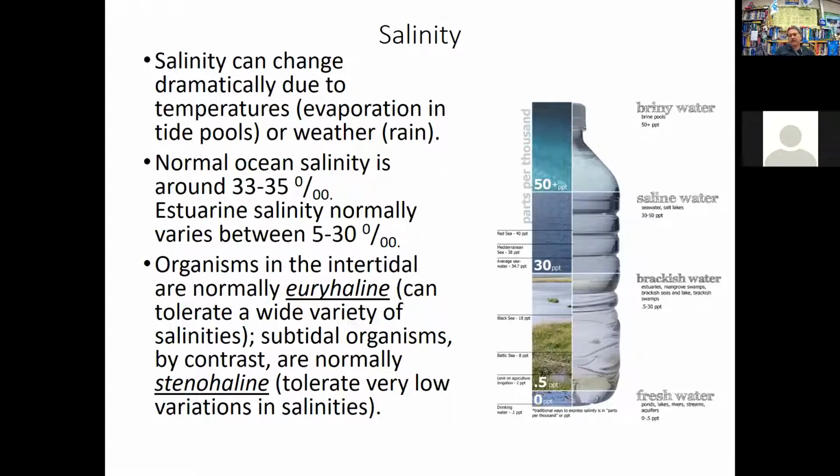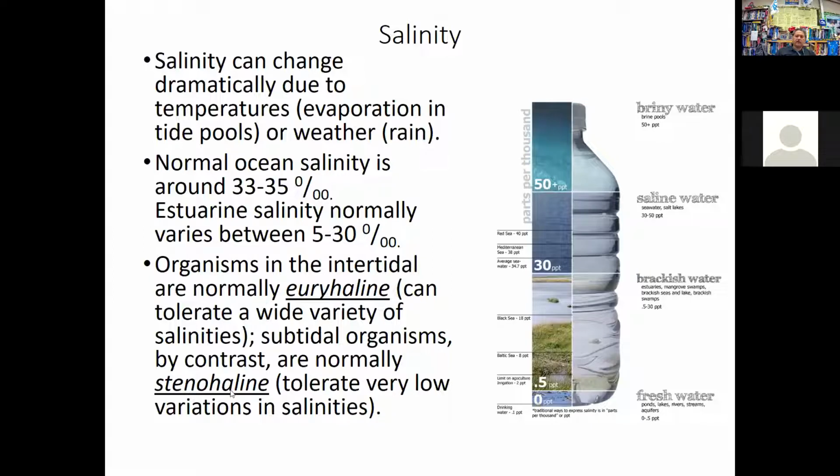Now, fresh water is not going to be 0% salinity or anything, but it's going to have a reduced amount of salt in it. So it might be 1 to 5, depending on where you are. Most intertidal organisms are euryhaline, and they can tolerate changes in salinity.